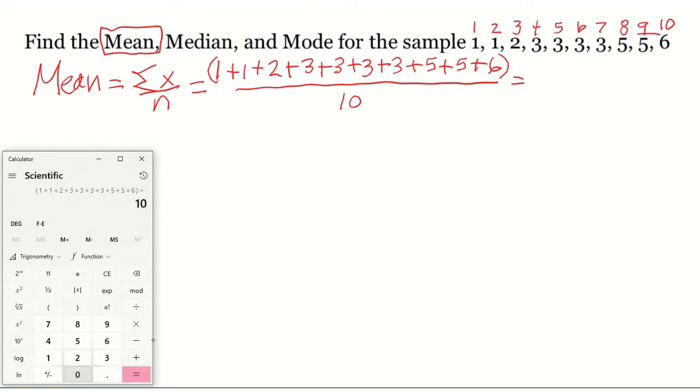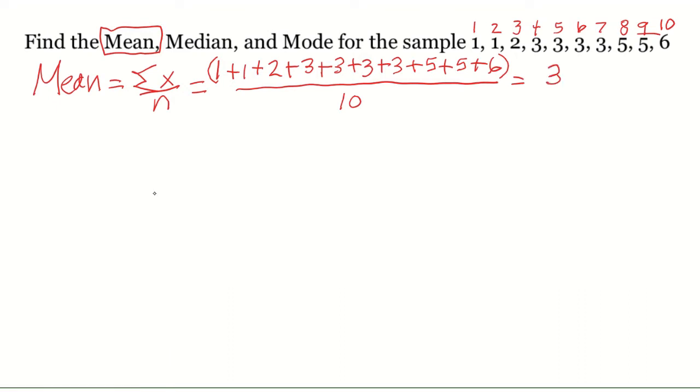That's going to help to avoid getting problems wrong just because you inputted the values incorrectly. So we divided by our sample size of 10, and that gave us a value of 3.2. So the mean value for this sample is going to be 3.2.